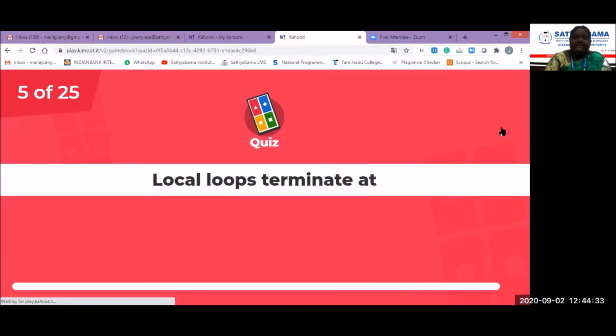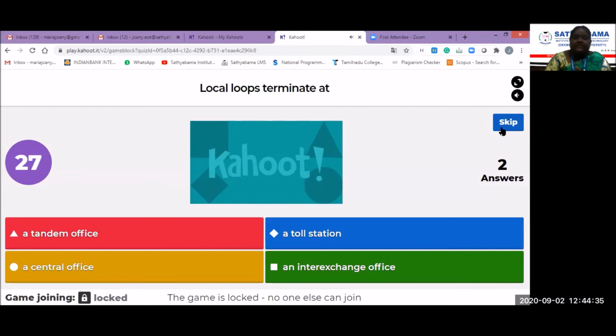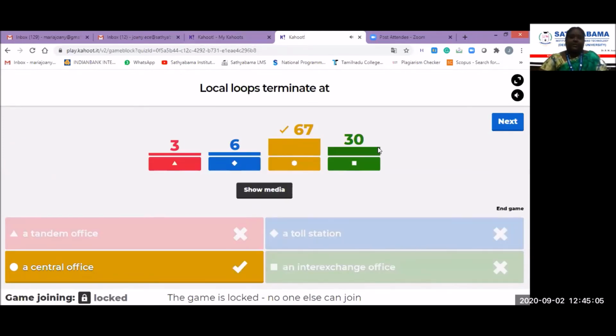Local loops terminate at a central office.